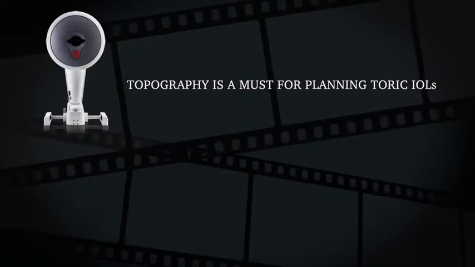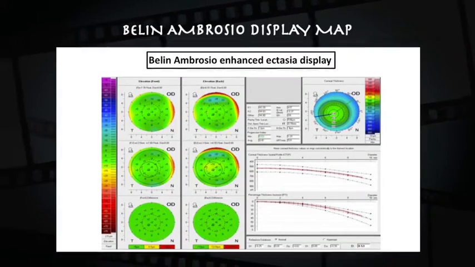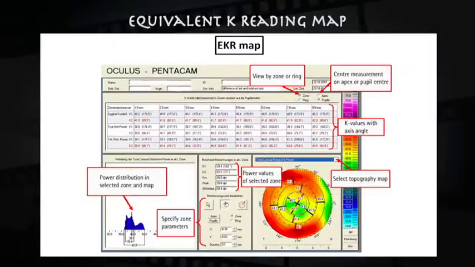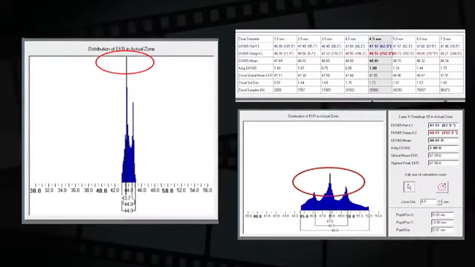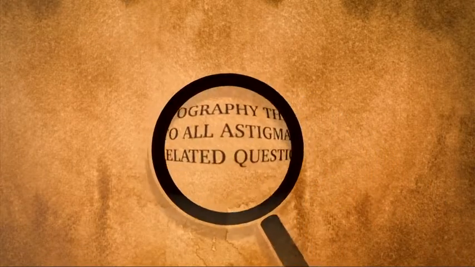Thus, an accurate reading of topography with knowledge of the Belin-Ambrosio display map and the EKR map helps us in planning precise toric IOL implantation. But is topography the absolute answer to all our questions?